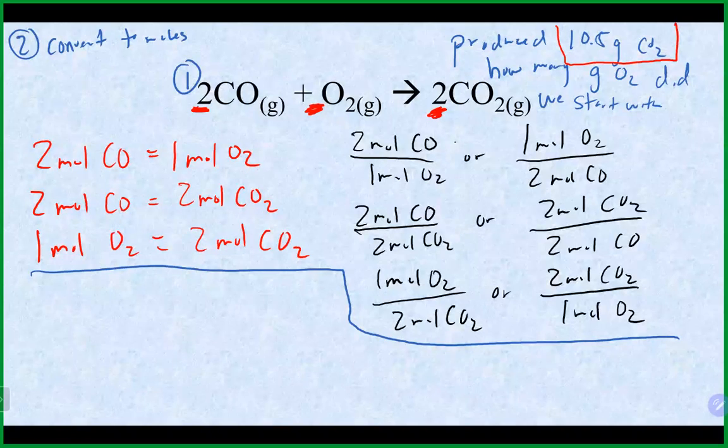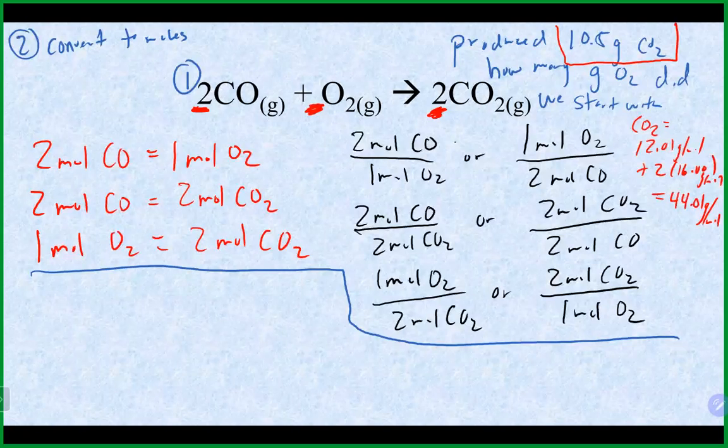For CO2, we have 12.01 and 2 times 16, and that's going to give us 44.01, I believe. So from the periodic table, we see that the molar mass of CO2 is 44.01.